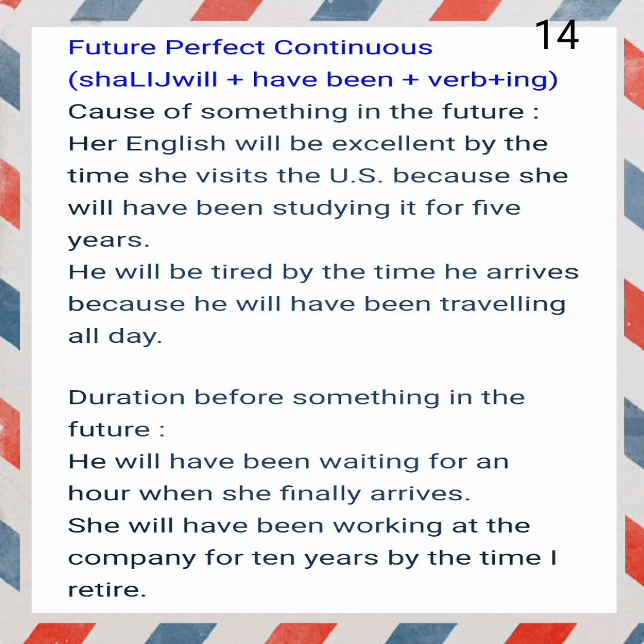He will be tired by the time he arrives because he will have been traveling all day. Then future perfect continuous is used for duration before something in the future. He will have been waiting for an hour when she finally arrives. She will have been working at the company for 10 years by the time I retire.